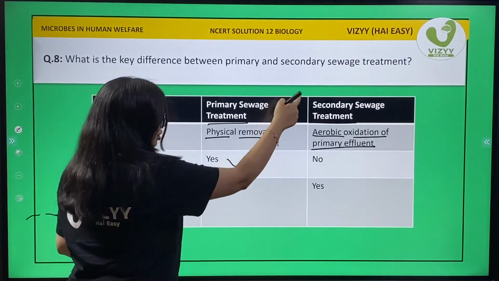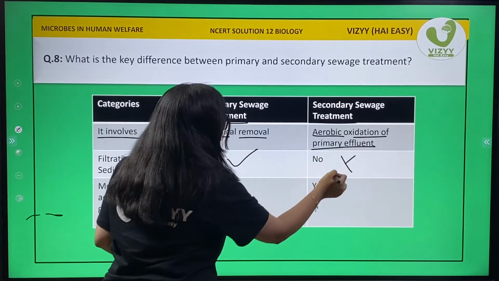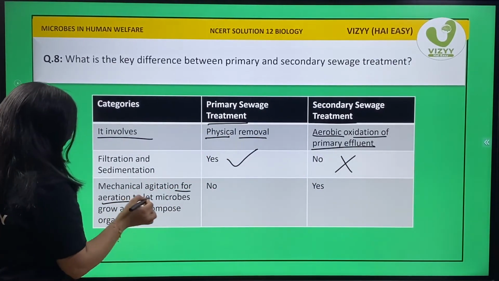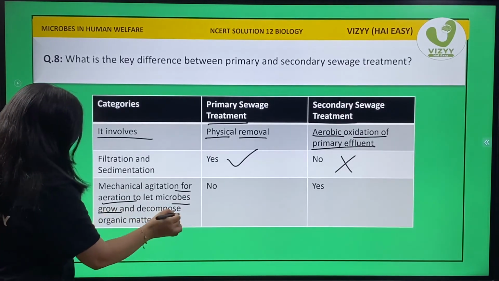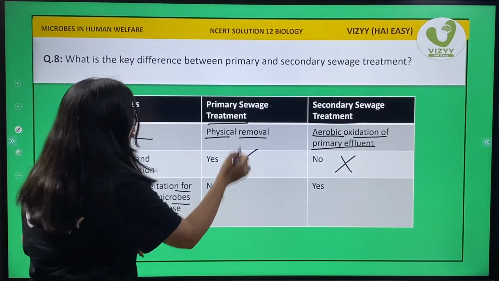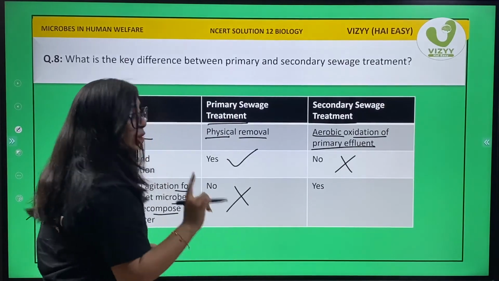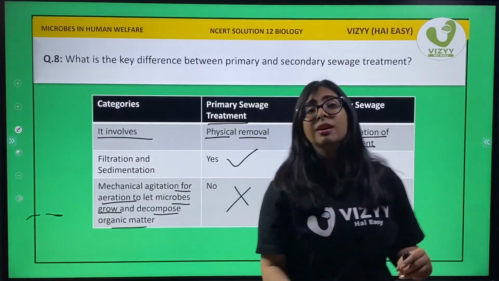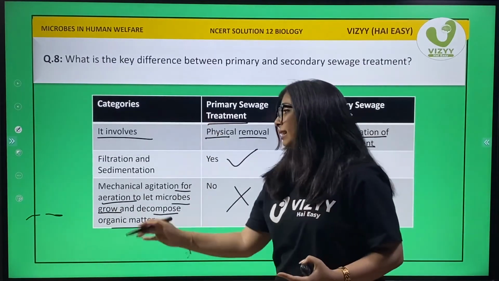Yes for primary, no for secondary. Mechanical agitation for aeration to let microbes grow and decompose the organic matter. For primary sewage treatment, no. For secondary, yes. So students, try remembering the categories.